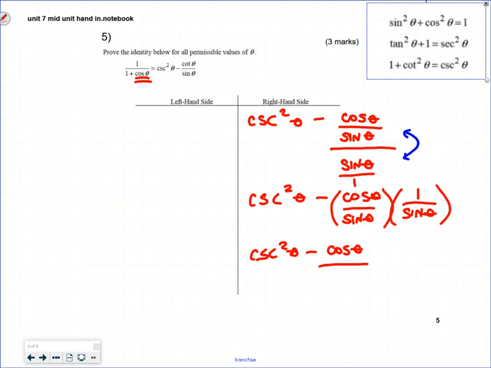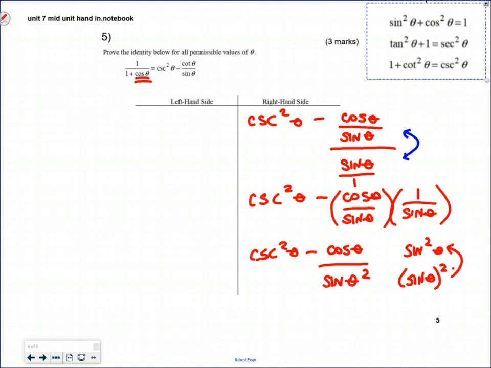Now here comes one half mark error. I'm going to make it on purpose. I'm going to write this as sine theta squared. I'd say about 15 of you at some point in your identity might have written it like that. Now, it's not the sine theta squared. It's not the angle that's squared. It's sine that's squared theta, or you could write it as sine theta all squared.